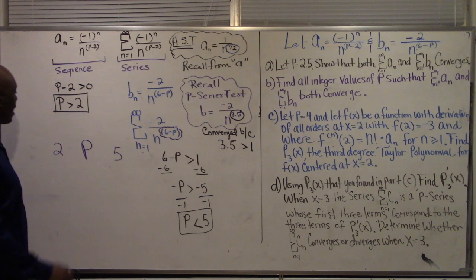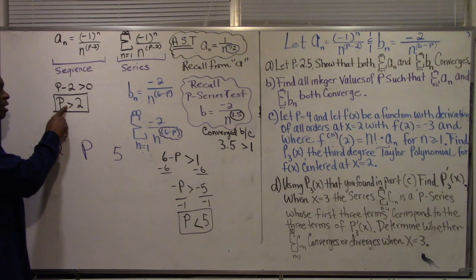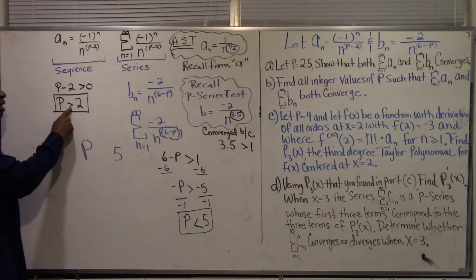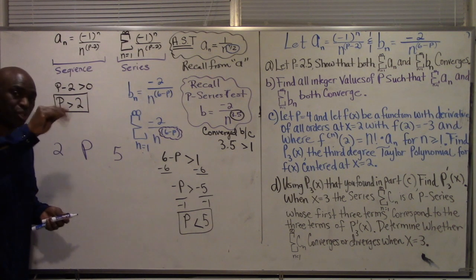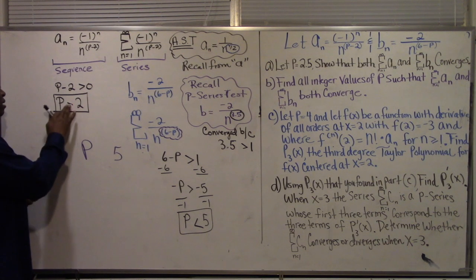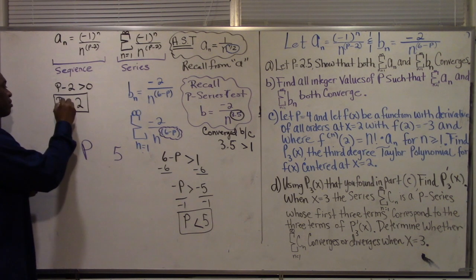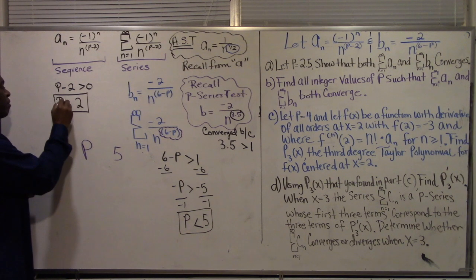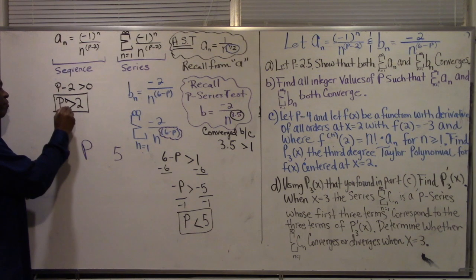I noticed that up here, the inequality symbol is eating the 2, right? You see that? The 2 is being eaten. In other words, the p is being eaten. The mouth is wide open and it's about to eat up. Give it some teeth and a tongue. See that?